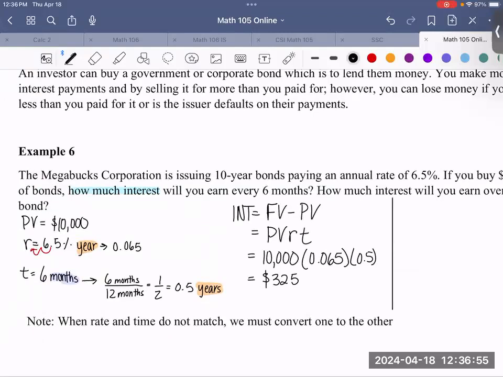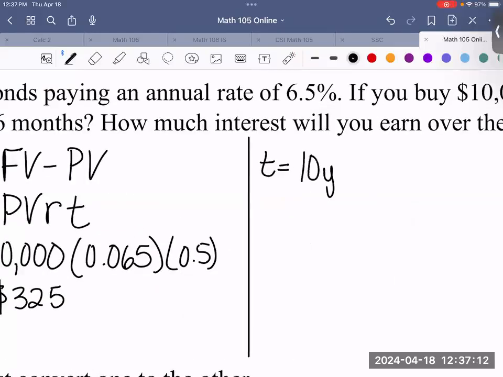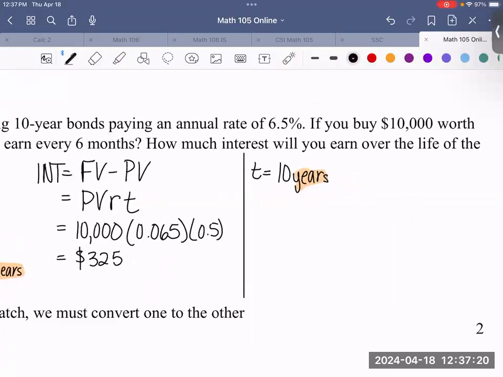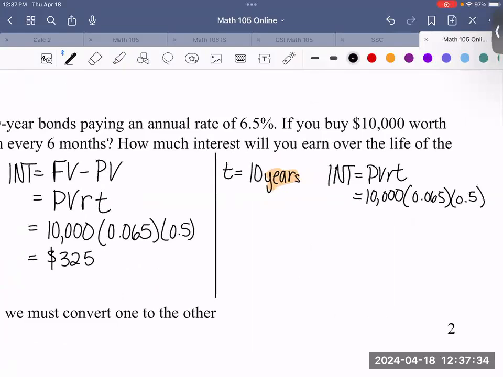So if we were to change it, but now have the lifetime of the bond, right? Well, how much did it say was the lifetime? Not forever, but instead for 10 years, a 10-year bond. Now, because this is in years, we now have a matching value, so this works out for us. So we're going to repeat that process one more time. $10,000 times 0.065 times 0.5.